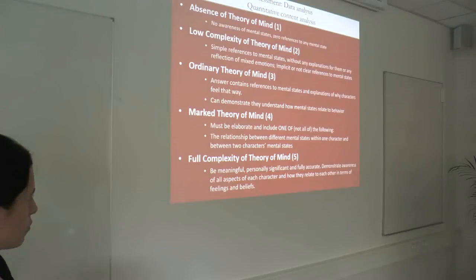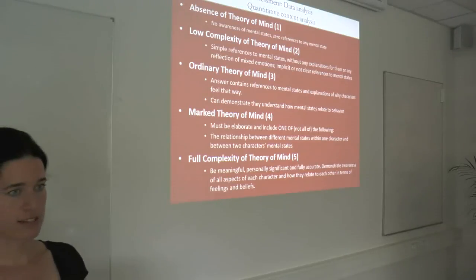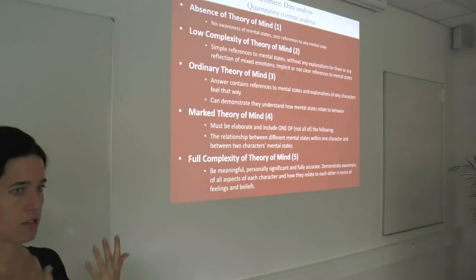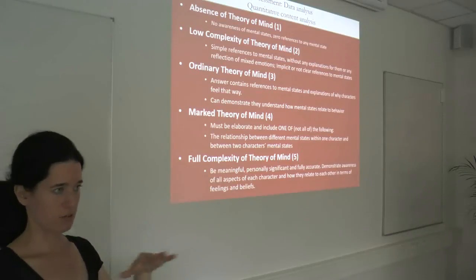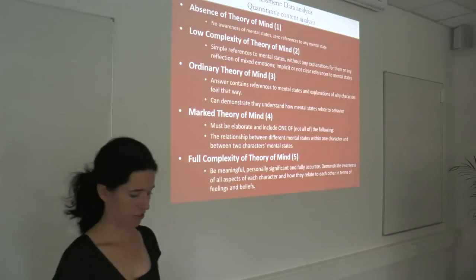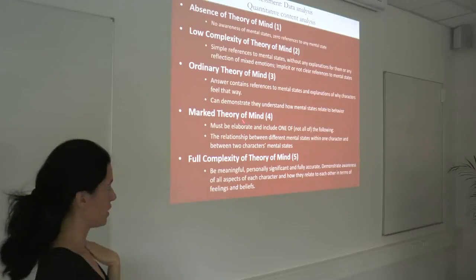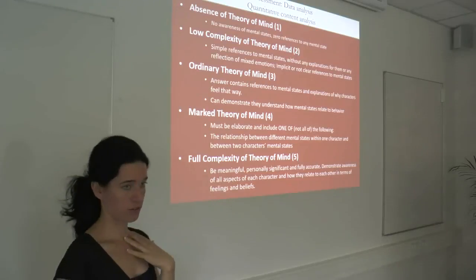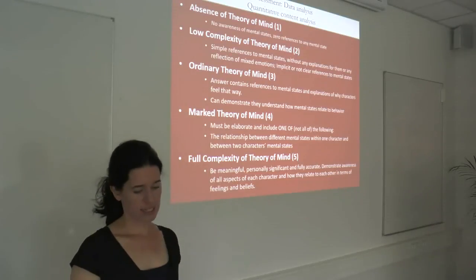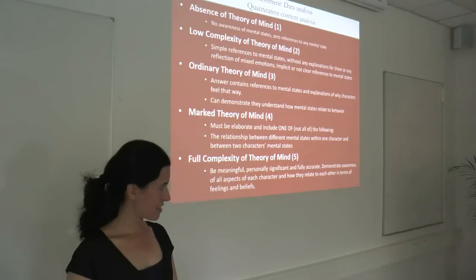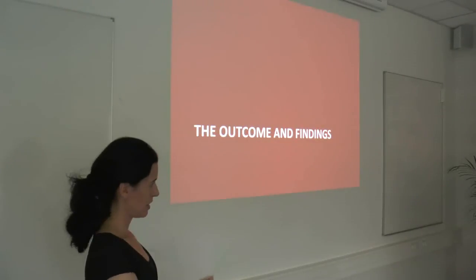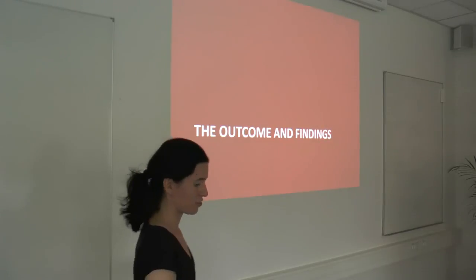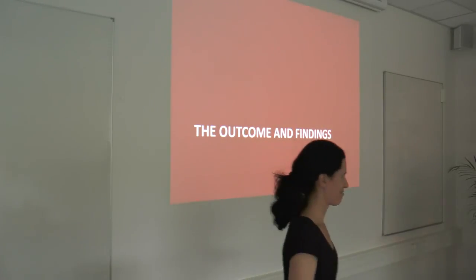We coded full complexity when the description gets more personal and more meaningful, and demonstrates awareness of all the mental states of all the characters. Unfortunately, we haven't finished the analysis of this part of the study, so we will only give you results about the frequency, and now it's Brendan's turn to introduce the findings and the outcomes.